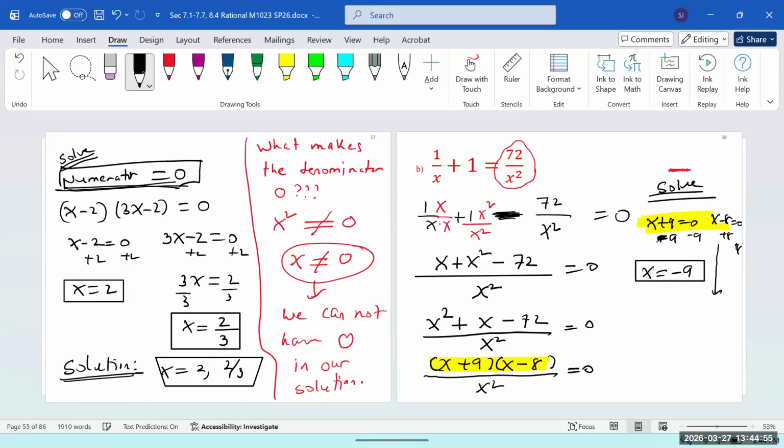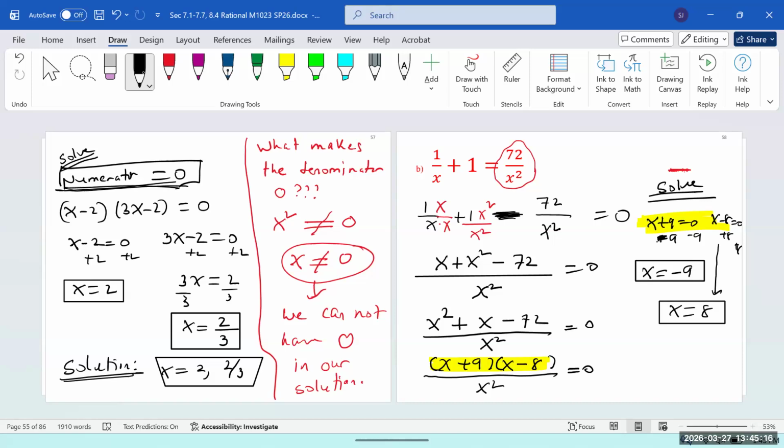And from here, we have x equals positive 8. Do you have to write x squared doesn't equal 0 and x doesn't equal 0? If you follow this method, then you don't have to. Because that denominator already is taken care of here. So I just write it like that.